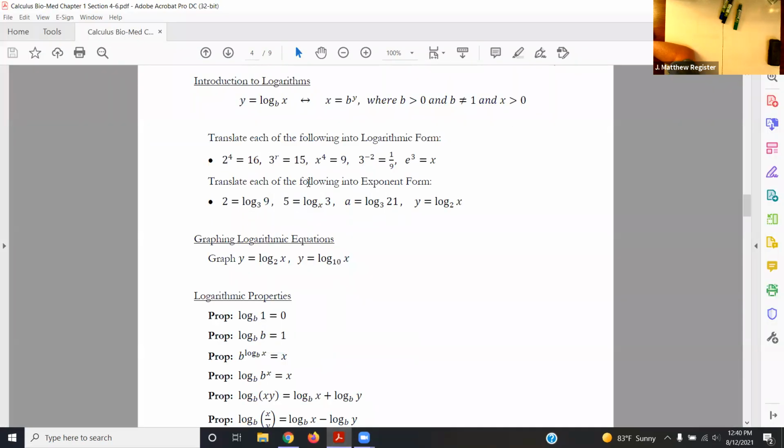But we can go back and forth between logarithmic form and exponential form, basically using this definition here. And so y equals log base b of x means the same as x equals b to the y.